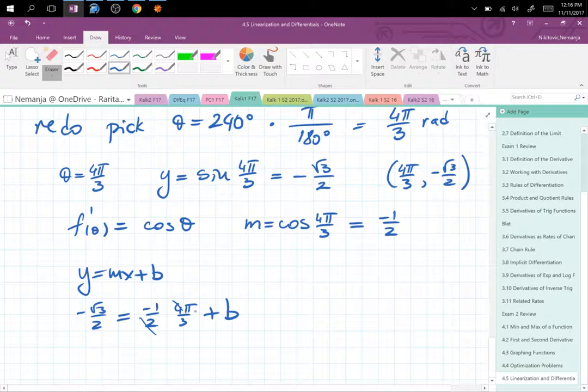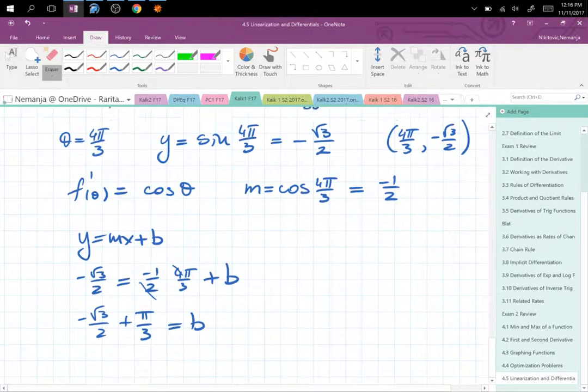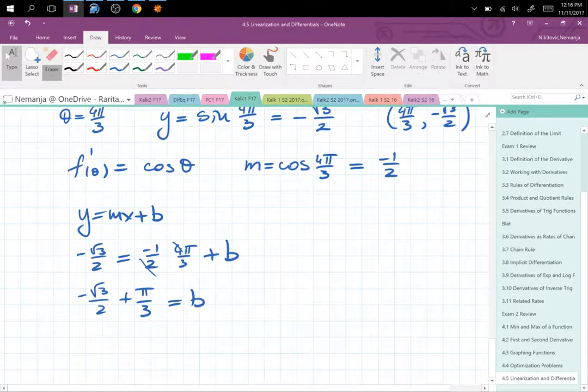Now, 2 and 4 cancel. I have negative root 3 over 2, and then this is negative, so plus pi over 3 is equal to b. And now we actually have the tangent line, but this is exact, right?